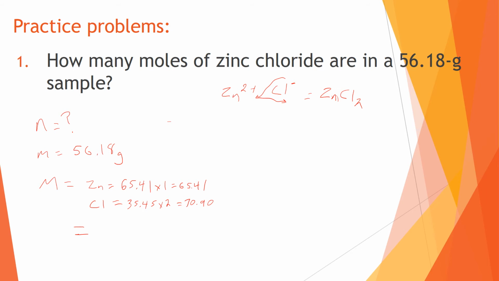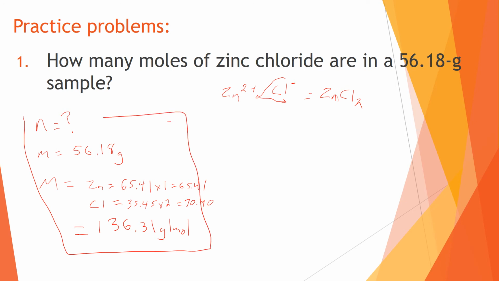So the molar mass of zinc chloride would be 65.41 plus 70.90, which gives me a molar mass of 136.31 grams per mole. So I have all my variables. Next I write my formula.